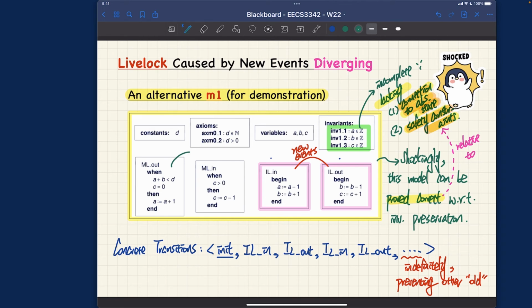You can think about these two as so-called old events because they already exist in the model M0, right? The old events. Okay, actually it's a different red. Let me just fix that very quickly. Right, the old events.